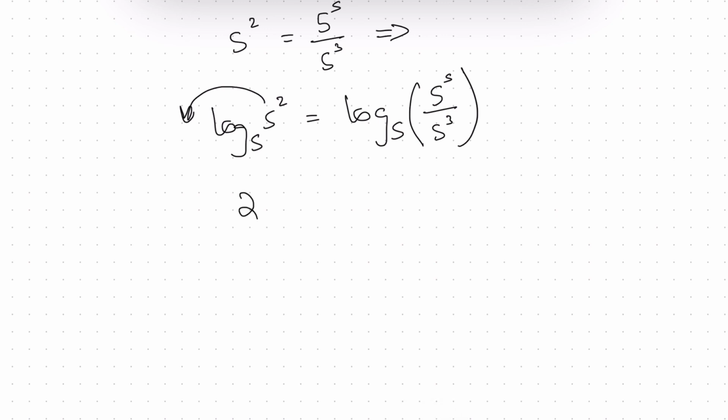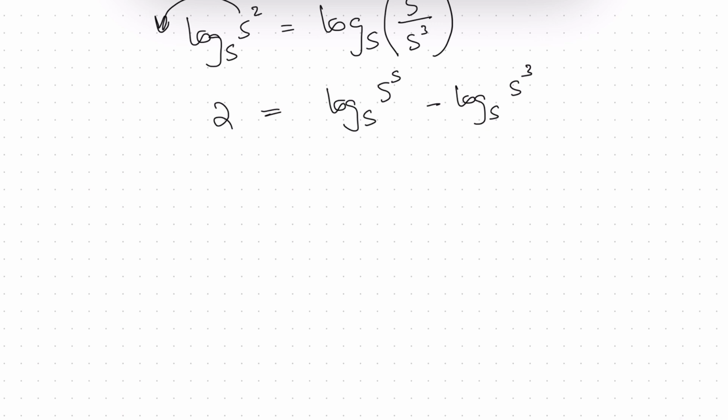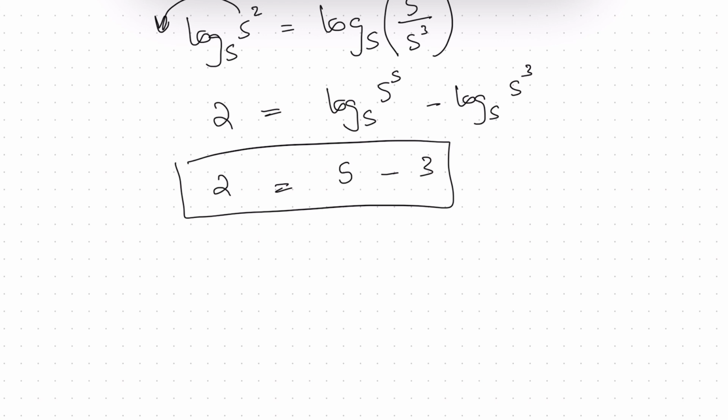So over here I have 2, and over here using the quotient law, I can write this as log 5 power 5 minus log 5 power 3. Now using the power law and identity law, I will have 5 minus 3, which gives 2. So basically this is also equal on both sides.